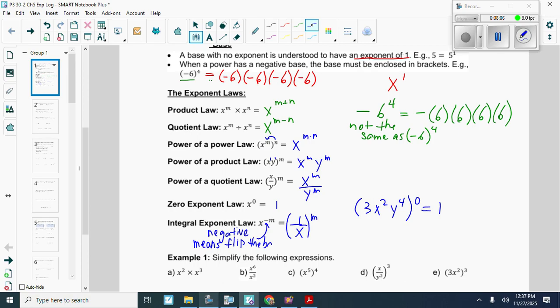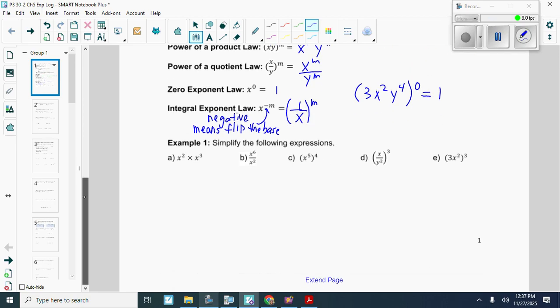What about this though? Let me move this up a little bit so I don't stand right in front of it. What happens if I have this? Here's a summary of this. When you're doing all of your questions, the convention is that all of your exponents are going to be positive. Sometimes as you're doing your math, you'll get one of your exponents being negative.